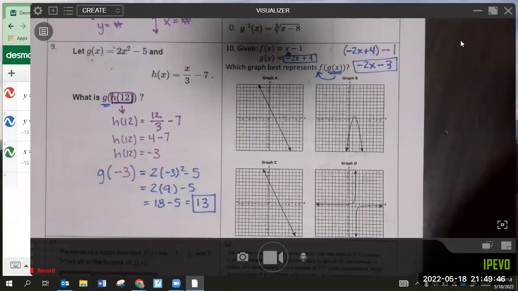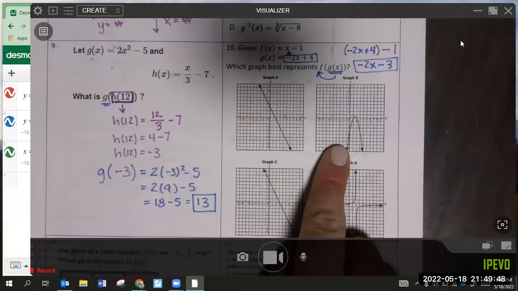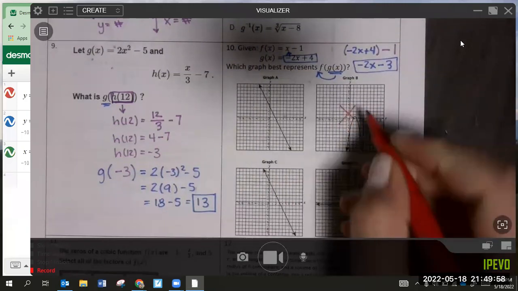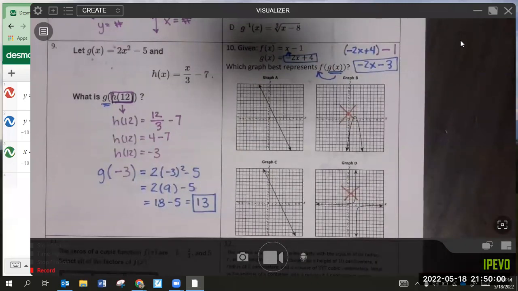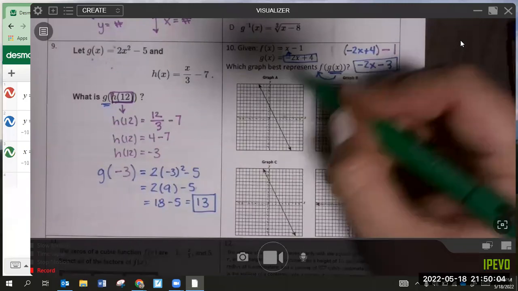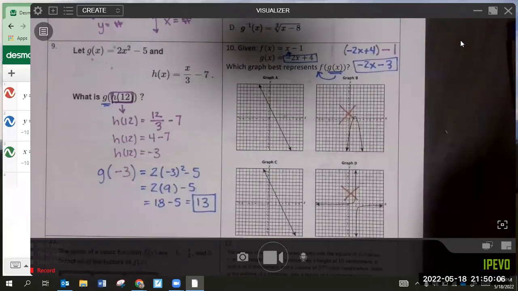Well, it's not going to be this. This is a parabola. It's an x squared function. This is rational. This would be like x over something. And it's not going to be these two. So already we're eliminating these two as possibilities. Not going to happen. So which one of these graphs has a slope of -2 and intercepts at -3?